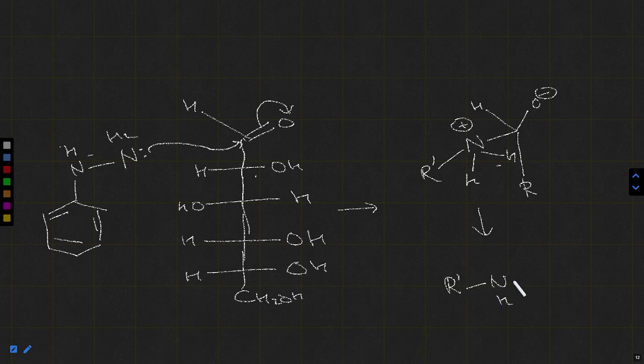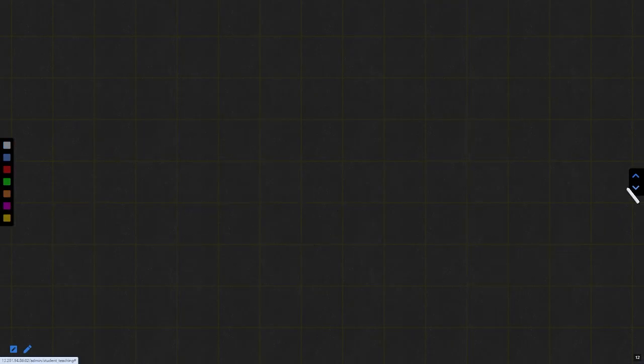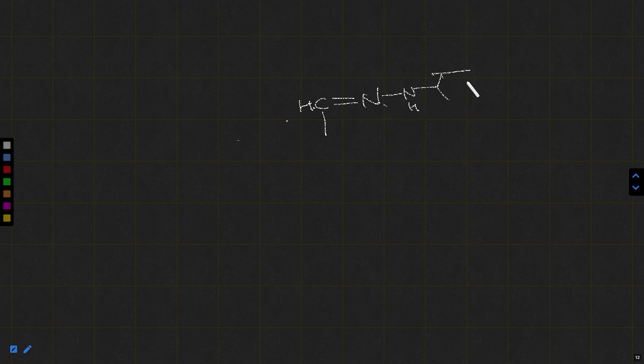We will have NH now, H here, OH here, and R. Now further, this will go like this, and we will get R dash N at the carbon center, with NH, and then we have phenyl.